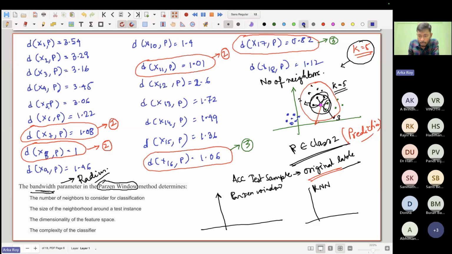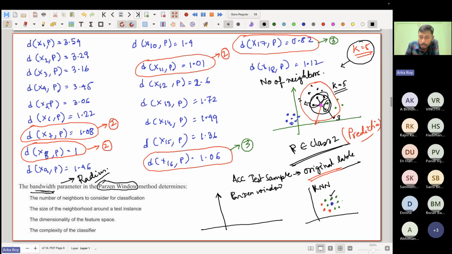And let's say you have this unknown point, and around this unknown point, you have several data points from different classes. So if I talk about, let's say, k equal to 5, I will only consider those 5 points which have the lowest distance.